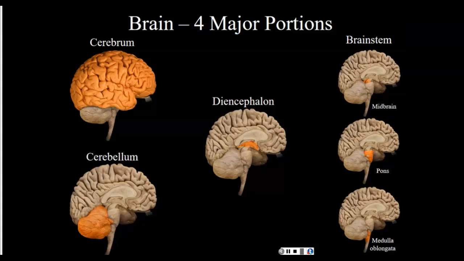We're going to be looking at all of these parts: the cerebrum, the cerebellum, the diencephalon, the brainstem, and the three parts that consist of that.